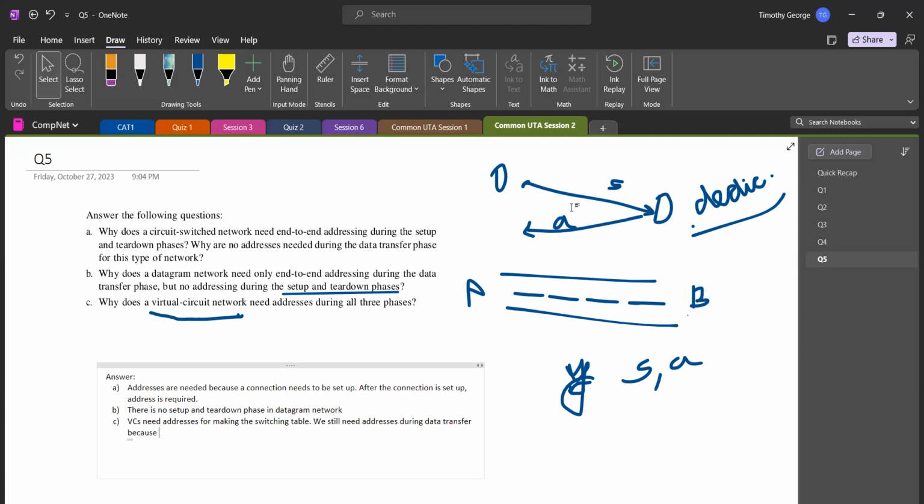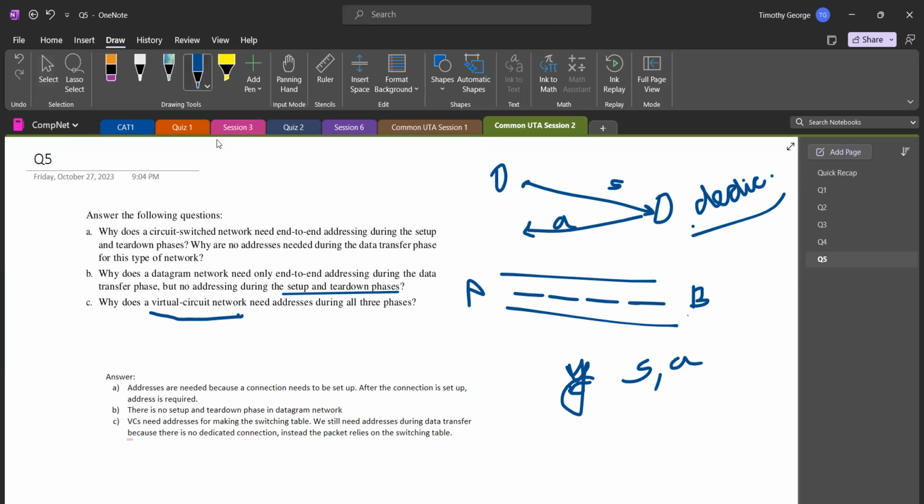There's no dedicated road that you can just travel on and let the data travel from A to B, because there is no dedicated connection. Instead, the packet relies on the switching table. So that's why it still needs to carry the destination address, to look at the switching table, see what is the VCI that it needs to go on, and then go on that.